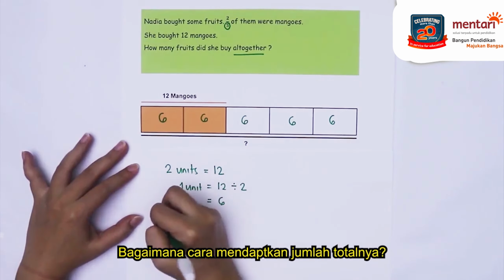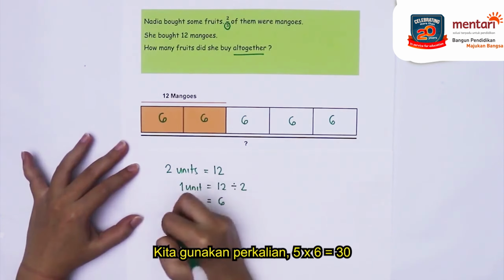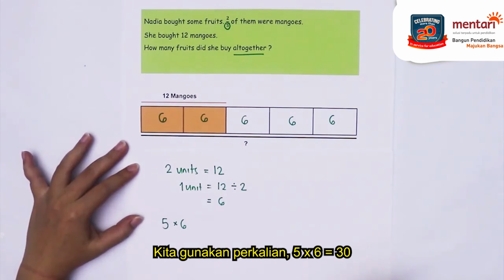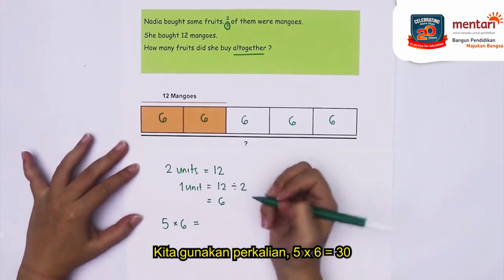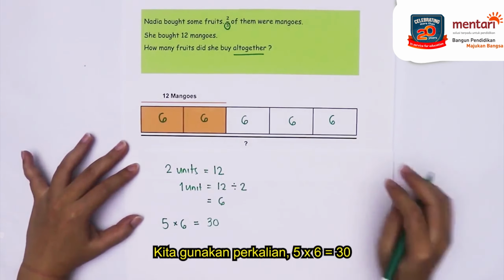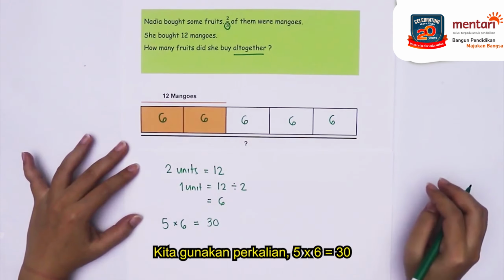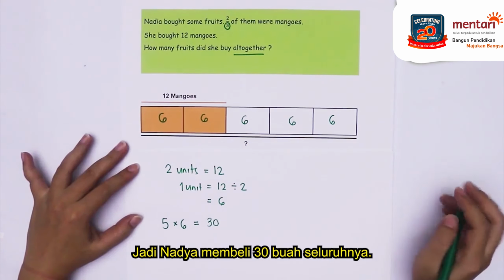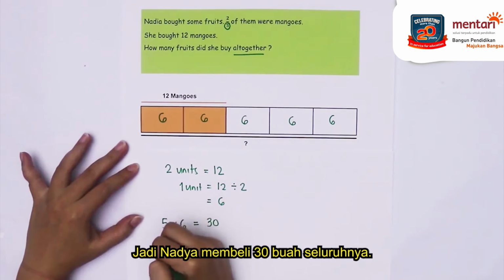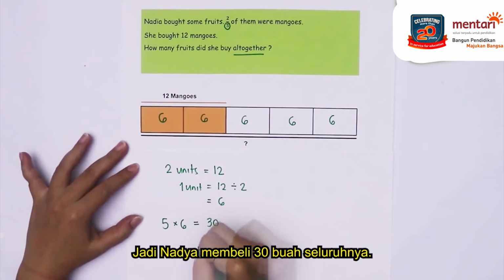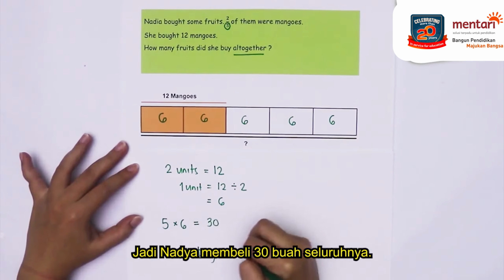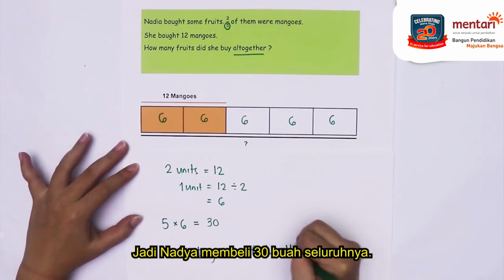We can simply multiply 5 by 6 because we know that we have 5 groups or 5 units. Multiply by 6 because 1 unit is equal to 6. And what's the answer? It's 30. Therefore, how many fruits did she buy altogether? Nadia bought 30 fruits all together.